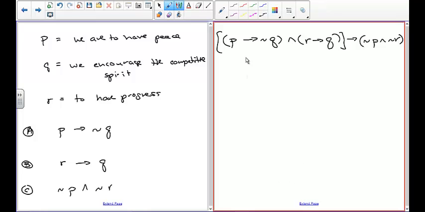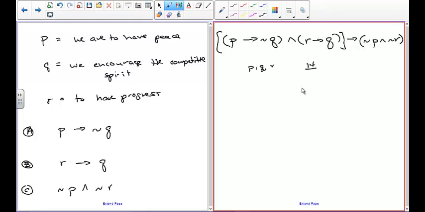Then what we need to do is we need to make a truth table up, and we're going to need columns for P, Q, and R. And then you're going to need 1, 2, 3, 4, 5, 6, 7, 8, 9, 10, 11, 14 columns.